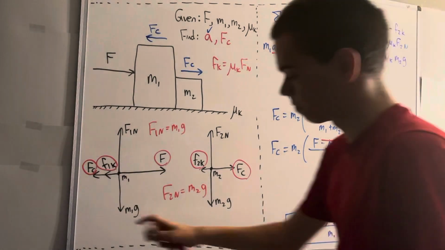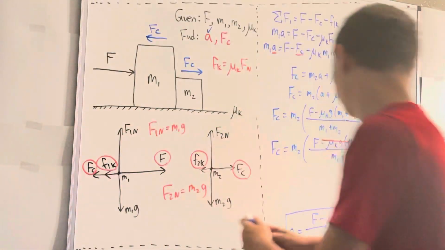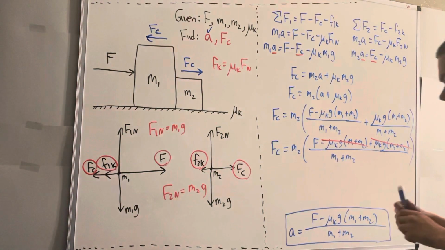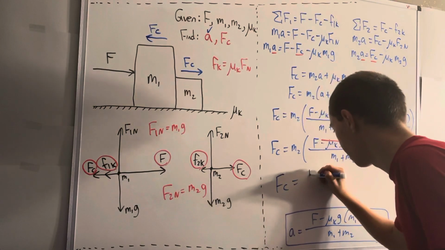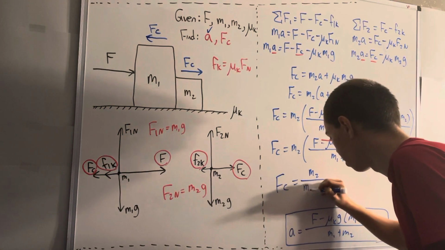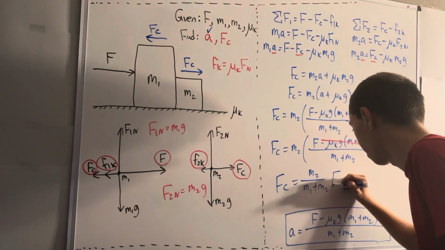It's all gone. It turns out the coefficient of kinetic friction doesn't matter, and we get that the contact force is equal to m2 over (m1 plus m2) times F.